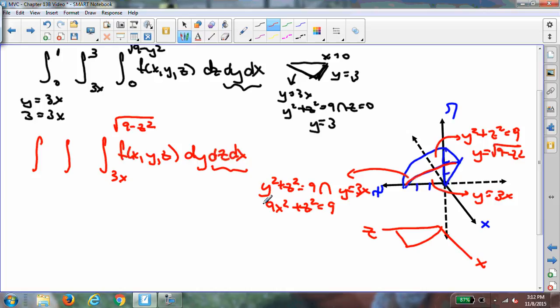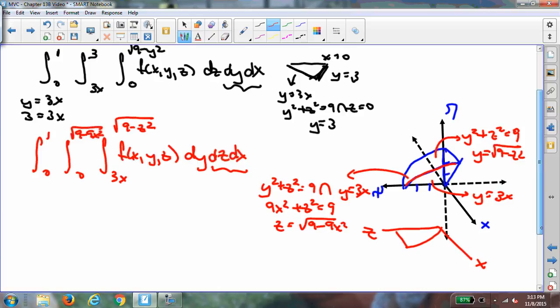I need a z equation because it's a dz curve, so z equals square root of 9 minus 9x squared. So now I know z goes from 0 to square root of 9 minus 9x squared. And then my x bounds are from 0 to 1. So there's that one.